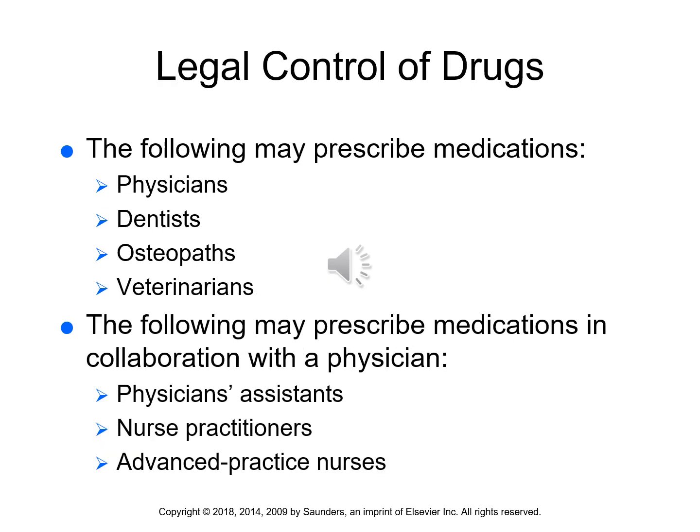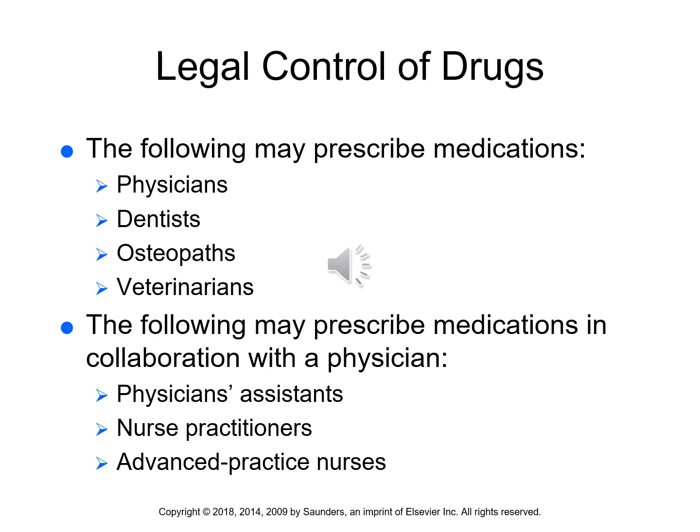There are a few different individuals that can actually prescribe medications. Obviously your physicians can prescribe medications, as well as dentists and osteopaths. An osteopath is a physician that focuses on joints, muscles, spine, and so on. Veterinarians can prescribe medication.